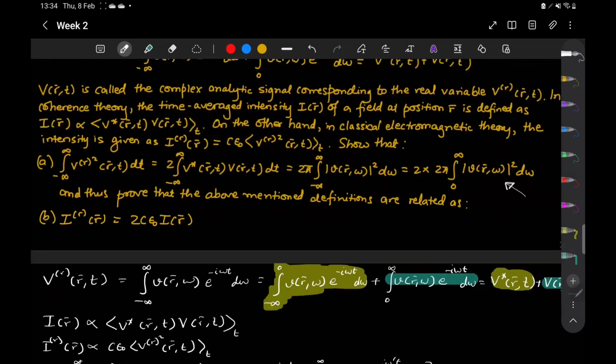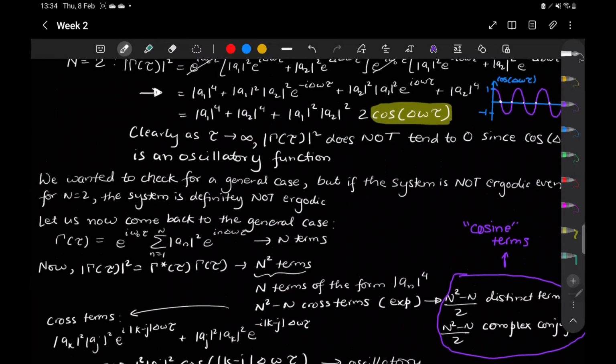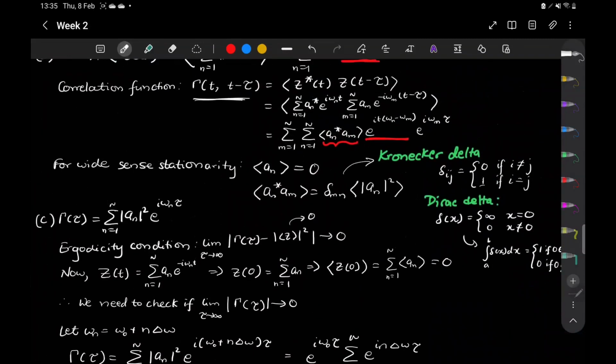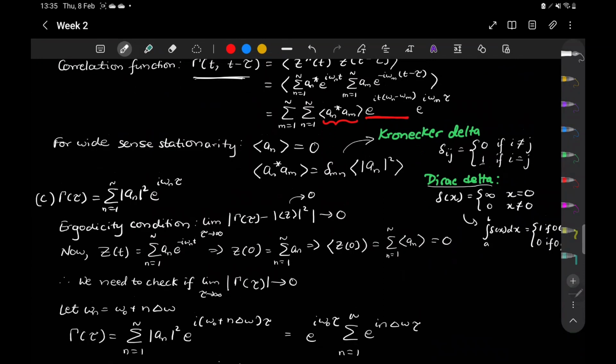Now, as I had defined this Dirac delta function, someone had asked earlier, we will make use of this Dirac delta function, and another way to represent this Dirac delta function is as follows.